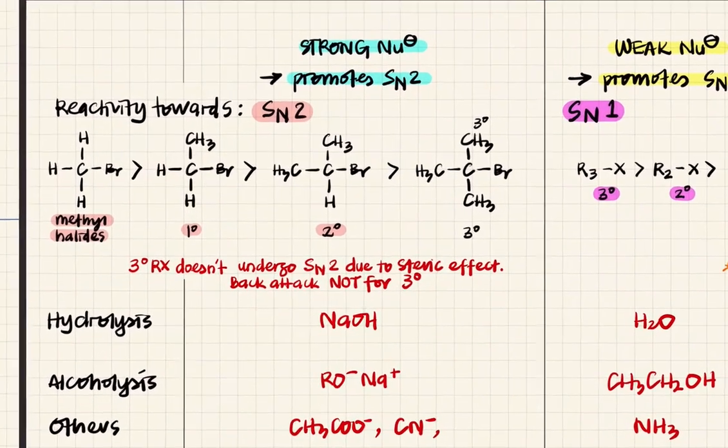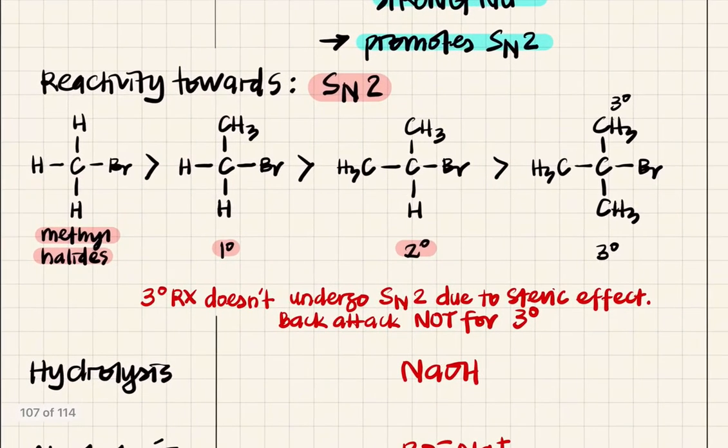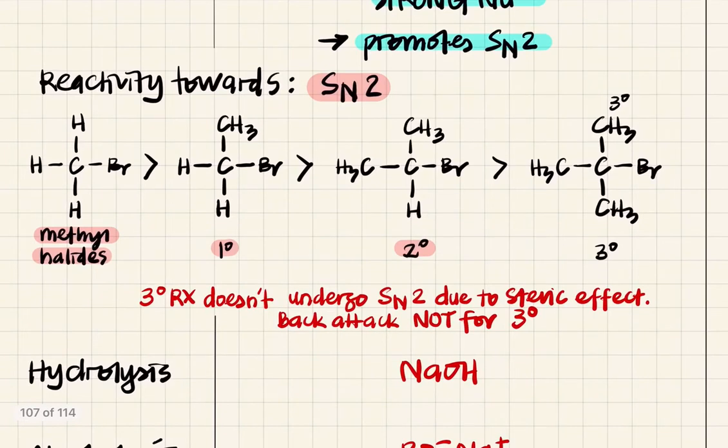So let's look siapa yang favor Sn2. Okay, so Sn2 mechanism, awak tahu yang dia adalah nucleophilic attack dia daripada belakang, back attack. It depends on the steric factor. Steric factor, okay. Steric factor is contohnya how much space is used by your substituent.